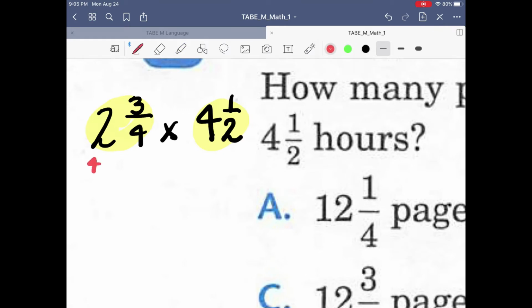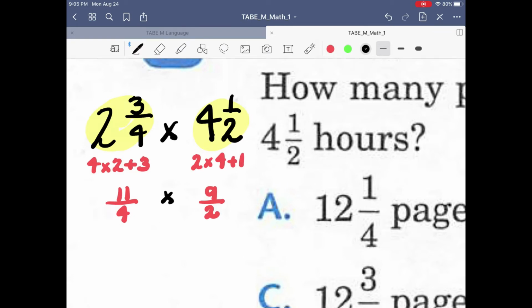So 4 times 2, that's 8, plus 3 is 11. Keep the 4 on the bottom. 2 times 4 is 8, plus 1 is 9. Keep the 2 on the bottom. And this time I cannot cancel. Either way I go, it's not going to work.